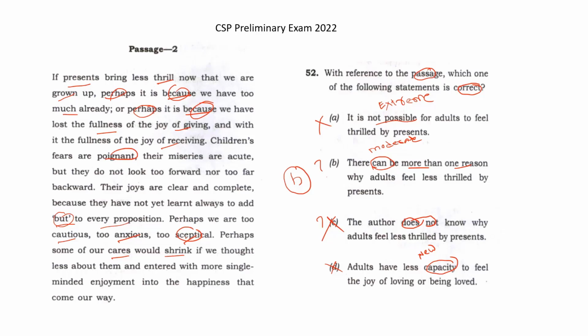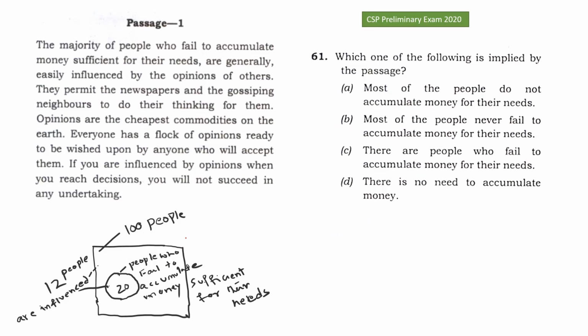Now let us look at another question. This question was asked in Civil Services Preliminary Exam 2020. Again, I read the question stem first. That is my approach. Which of the following is implied?